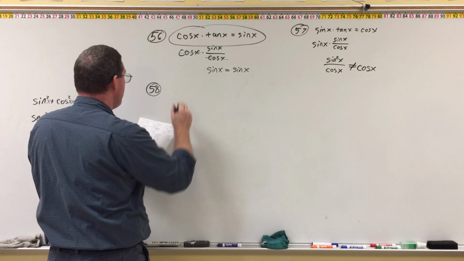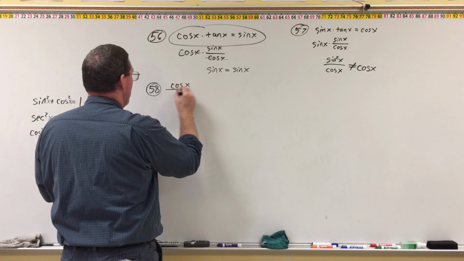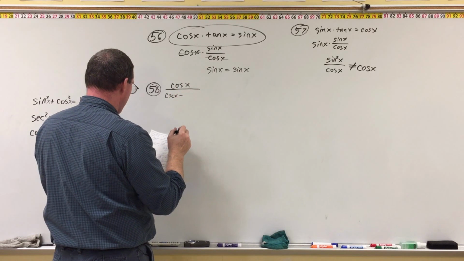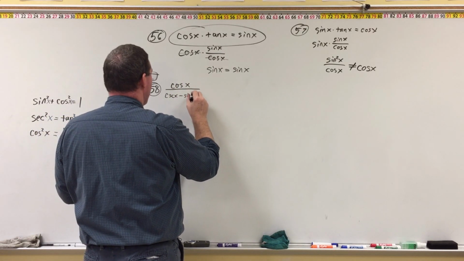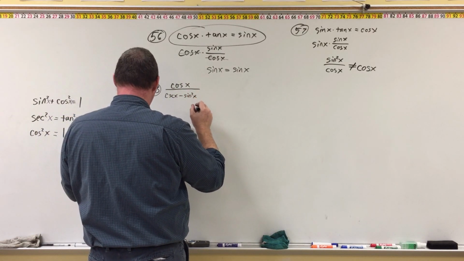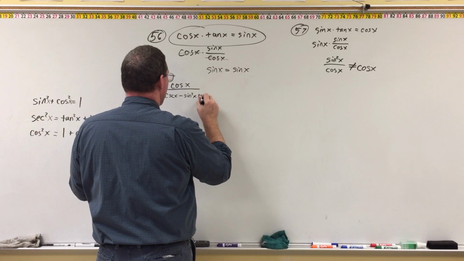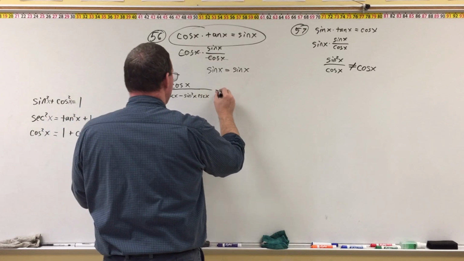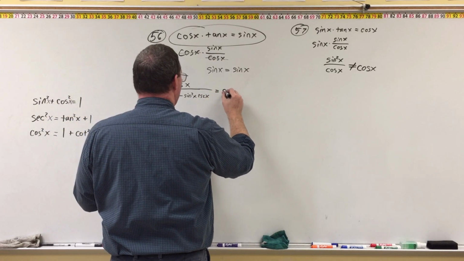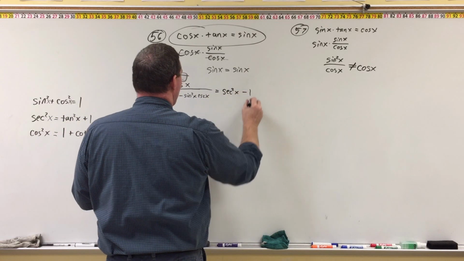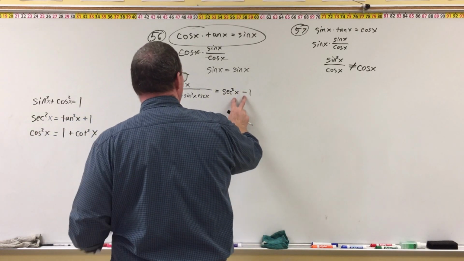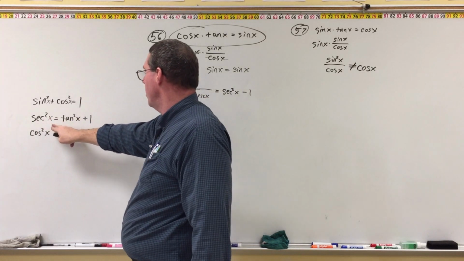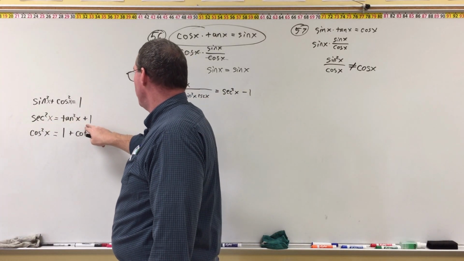58 says cosine of x over cosecant of x minus sine squared of x times cosecant of x, okay, that's crazy looking, right, is equal to secant squared of x minus 1. Now, I want to show you this secant squared of x minus 1. If we come over here, do you see the secant squared of x is equal to tangent squared of x plus 1?